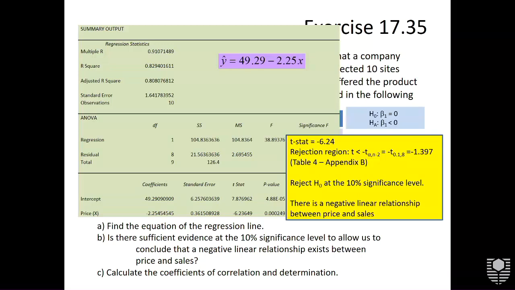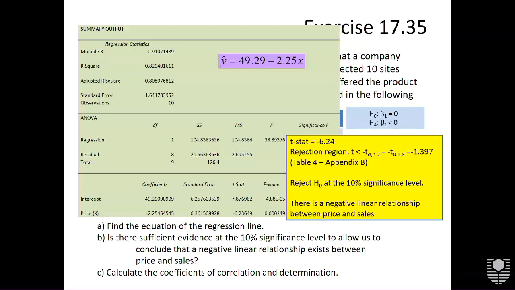So what do you think in here? Are you going to reject or accept the null hypothesis? You can see that the T-stat, guys, is minus 1.397, right? So do you remember the rejection region? T will come in here.